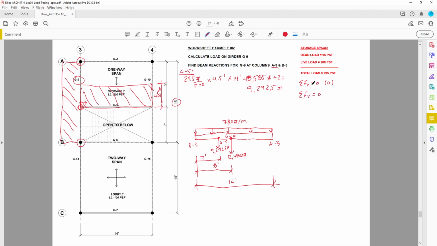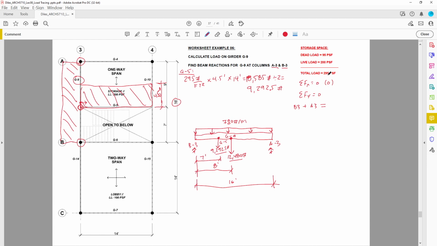And what is the sum of the forces in Y? Well, we have B3 plus A3 together have to push up, right, to resist the loads applied to the system, which would be 9,292.5 plus 12,480.